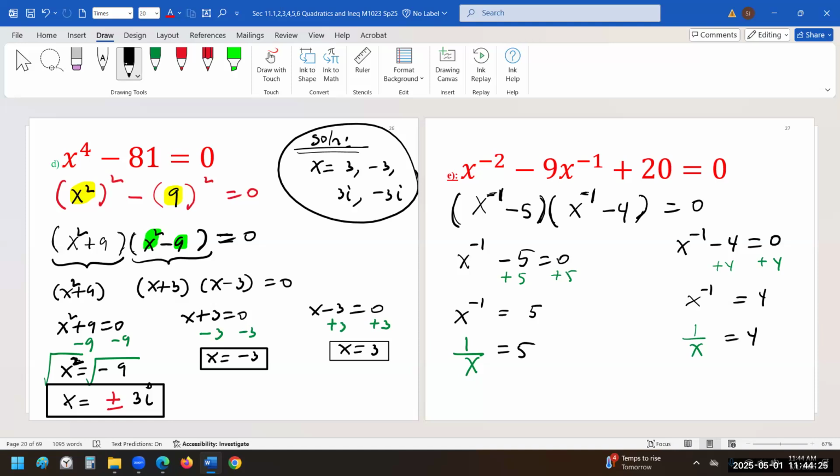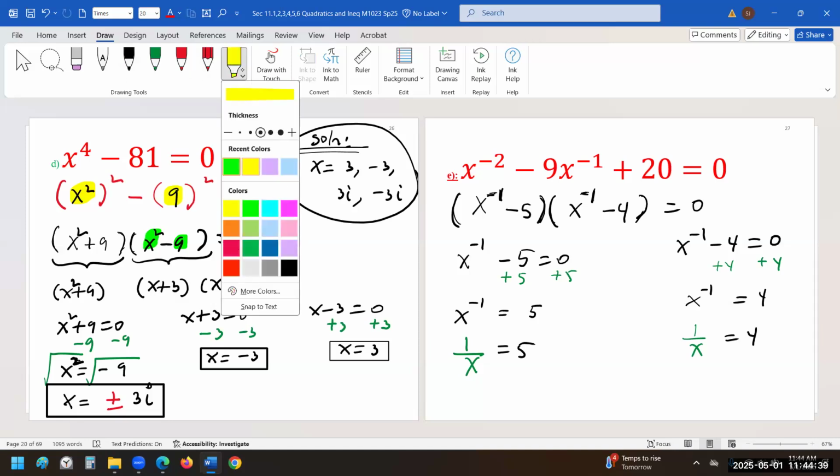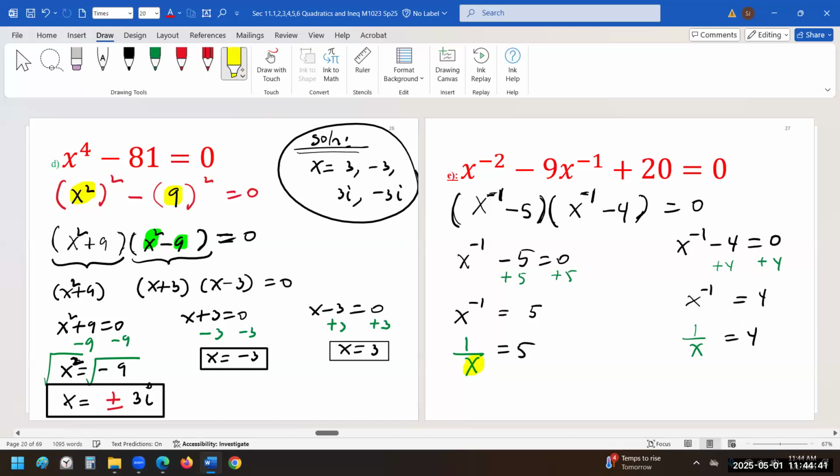Remember the working together problem we did in our last example? At the end, if you have 1 over x equals something, how do you solve? You can cross multiply or you can simply flip, because our x is already alone, right? The only problem is on the denominator. So in order to solve that, all you have to do is flip.